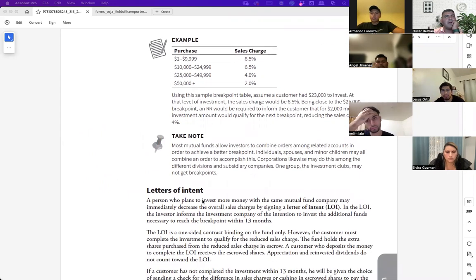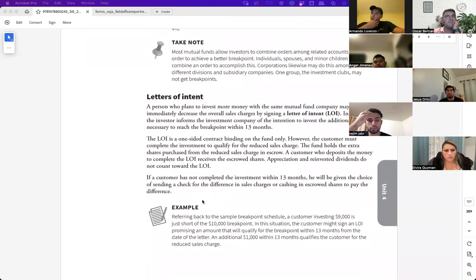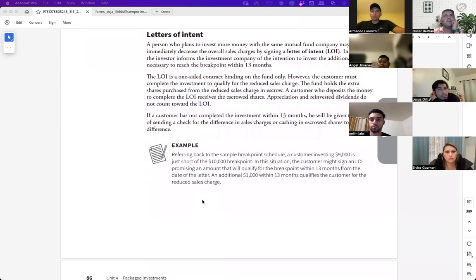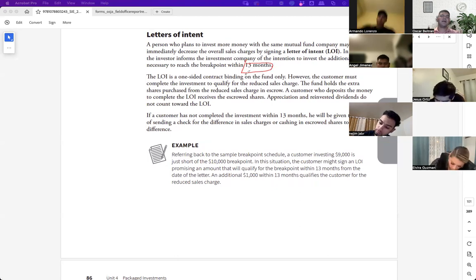Okay, and then right here talks about letters of intent. So a letter of intent is very simple. It's a letter where you say that within 13 months, you're going to have that money to get you to that next breakpoint sale. So you have 13 months to get to that breakpoint.